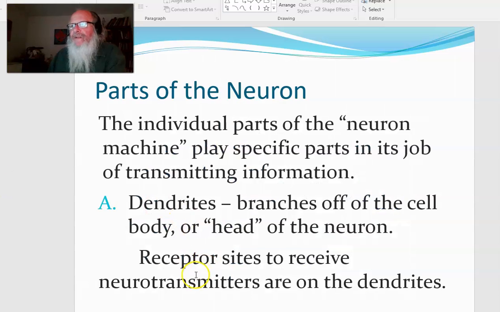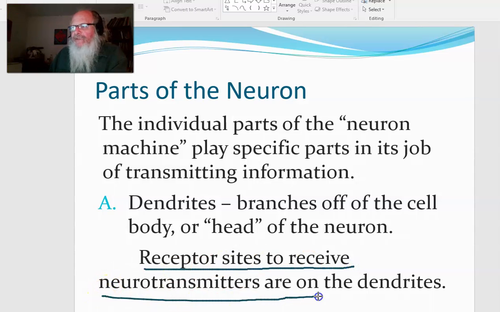These twisty branches are called the dendrites. The most important thing to remember about the dendrites is that they have receptor sites to receive neurotransmitters. The neurotransmitters are the chemical keys that we talked about in the previous presentation.